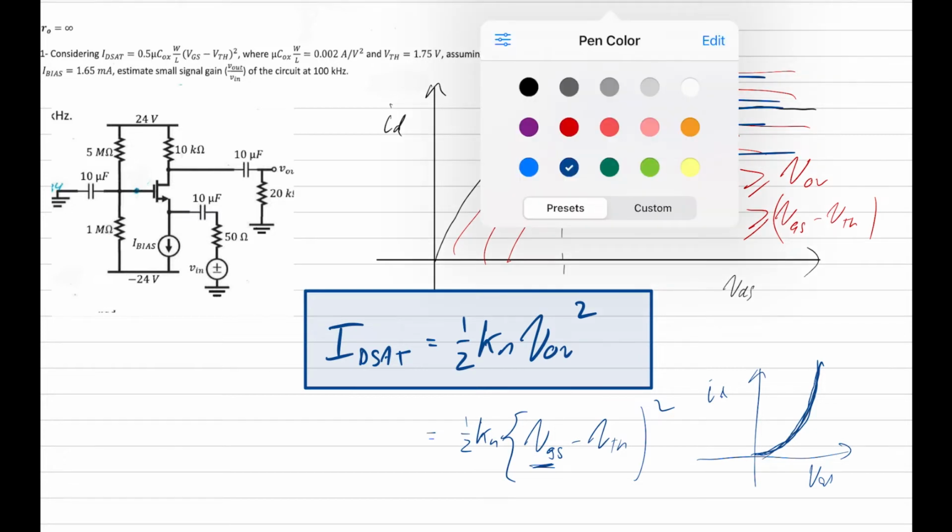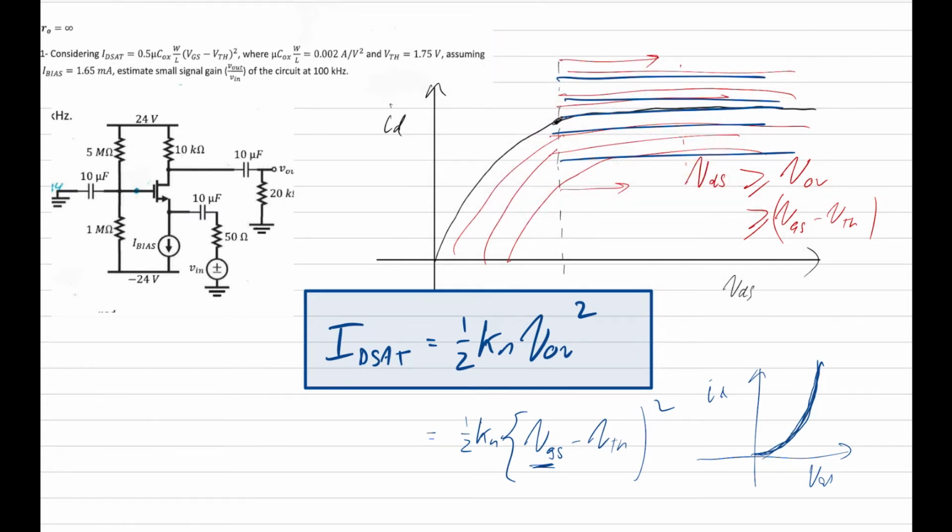That's exactly why we end up with this kind of curve. If you see any diagrams, that is basically the saturation current as a function of increasing gate source voltage.